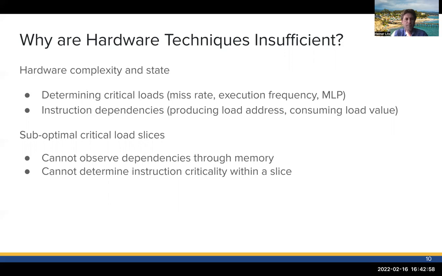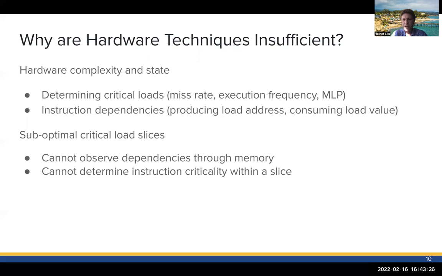Secondly, a pure hardware implementation only delivers suboptimal load slices because it is impossible in hardware to also observe dependencies through memory and not only through registers. As a result, these load slices are often incomplete and we cannot ensure the same performance improvements as with the CRISP technique.